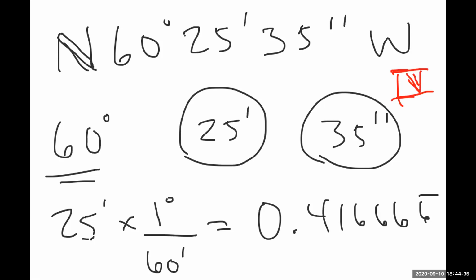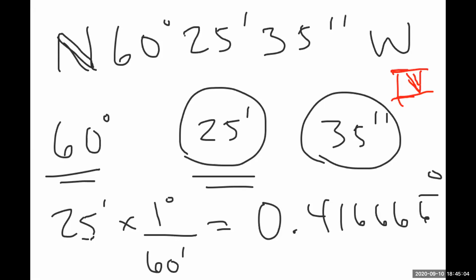Don't round in the very beginning because you'll get the wrong azimuth. So anytime you do rounding, always do rounding at the very end. All right. So we have 25 minutes converted into degrees is 0.416666, so forth and so on, degrees. Okay. So I have that one done.